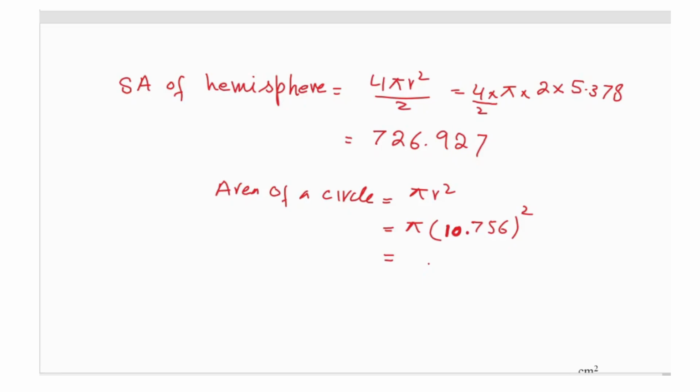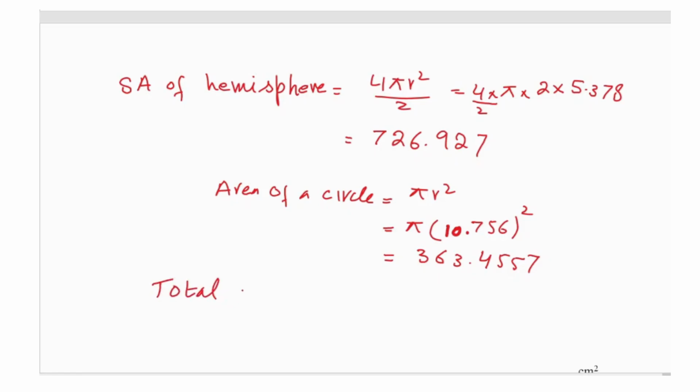That will end up with, so let's do it over here, 10.756 squared, then times π. That will give us 363.4557.